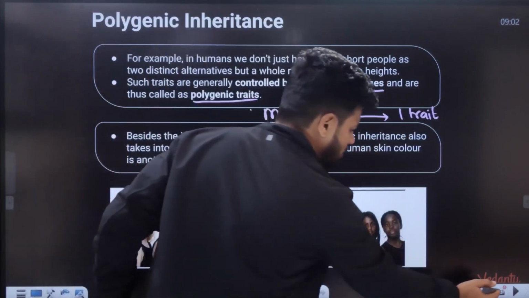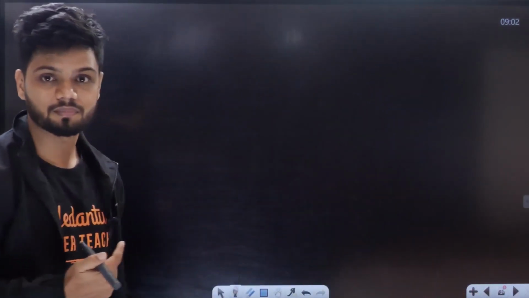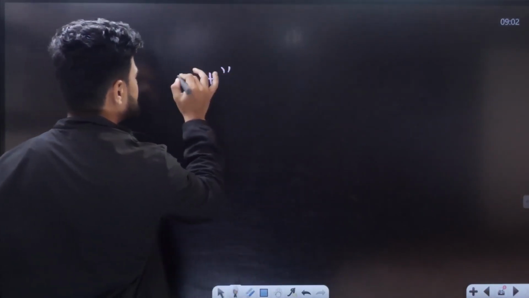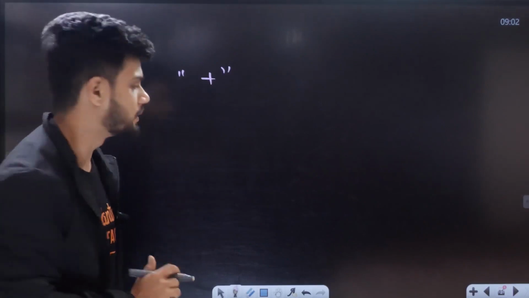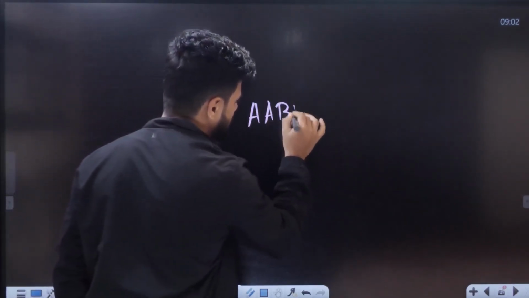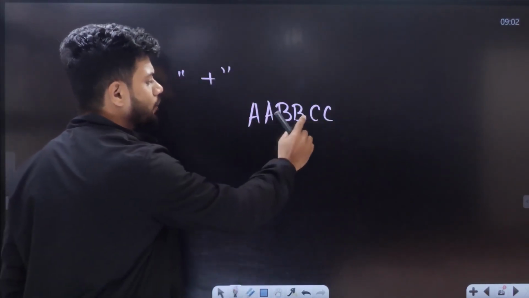But apart from all that, students, polygenetic traits are said to be additive in nature. They are additive. Now, what is the meaning of additive? The meaning of additive here is addition, plus. For example, let's take gene A, gene B, and gene C. I have 3 genes here, 2 alleles for each of them.